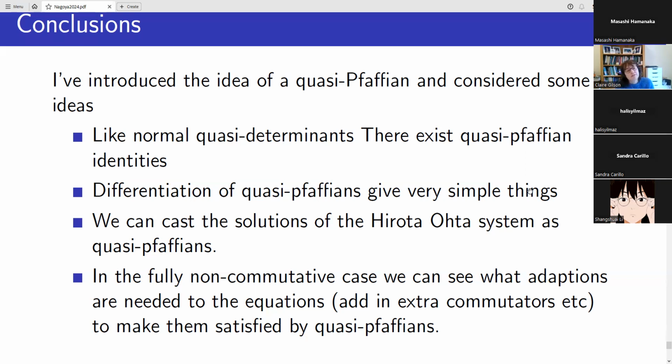Differentiation of the quasi-Pfaffian gives you something simple. That's the key to it. For the Hirota-Ohta system, we cast the solutions as quasi-Pfaffians. It's a little bit unclear why the final system is so complicated, but you can actually put this stuff together.